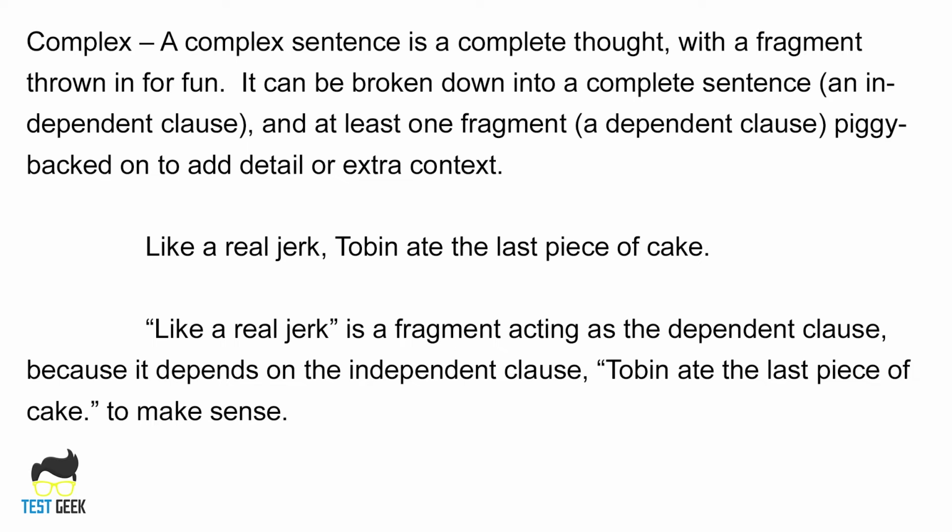It's dependent on this normal sentence, this regular independent clause. So like a real jerk would be considered a fragment on the test, but here it's written correctly. This is okay. We're not separating it with a comma conjunction, a period, or a semicolon. It's just part of the sentence, so we're good to go.